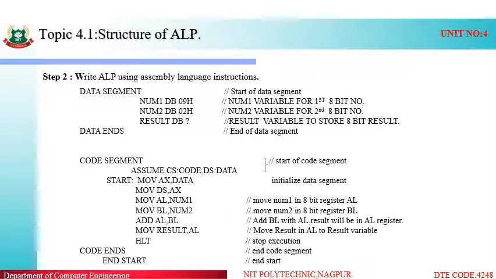So the first variable is defined, that is num1 db 09h. Similarly we define the second number num2. This is the variable name, db is the defined byte, which specifies it is an 8-bit number, and the value we have taken is 02h.